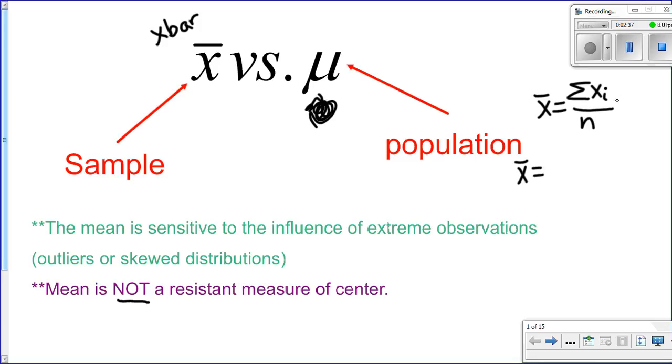X sub i means each observation, so the numerator is just the sum of the observations. And N is the number of observations that we have. So we divide by how many observations, and we get our average. Hopefully you remember this formula from 5th grade, 4th grade, whenever you learned how to find average. It's probably way back there somewhere. And we'll learn how to do this on the calculator today.